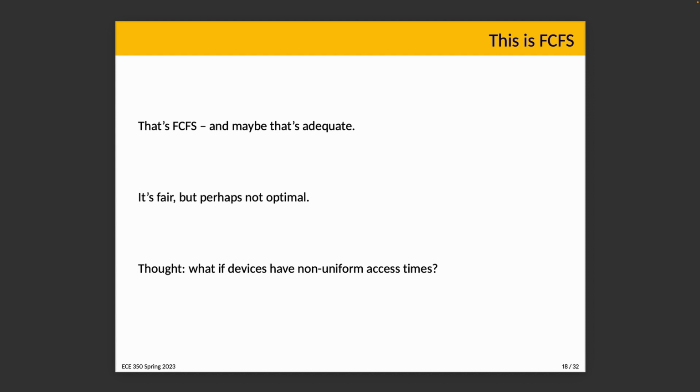But that's not true for every kind of device, and we'll examine in some detail later on the application of this to hard drives and why it matters in terms of scheduling hard drives. But you could easily imagine also, say, for a network, that a network request takes a variable amount of time depending on what the remote system is.